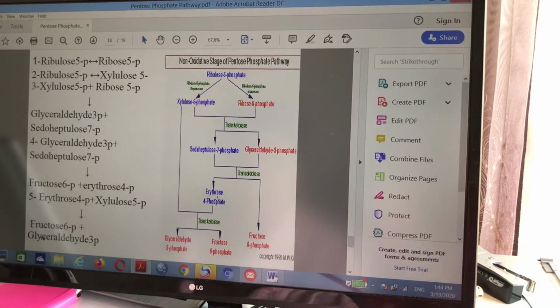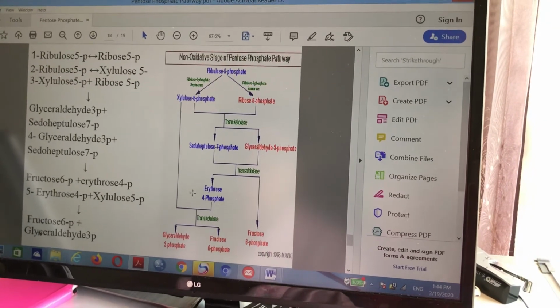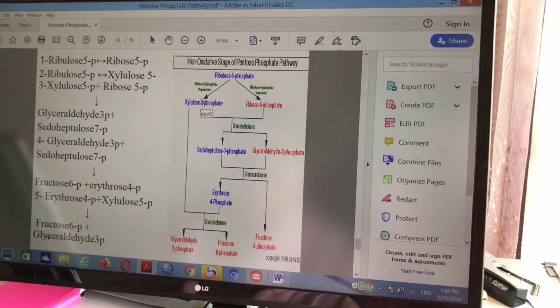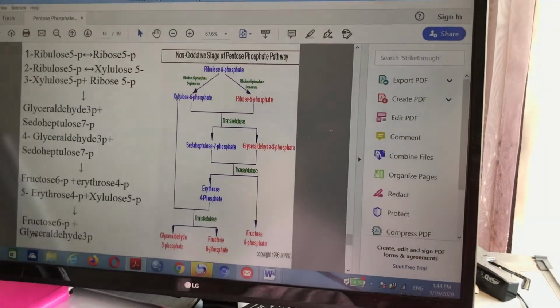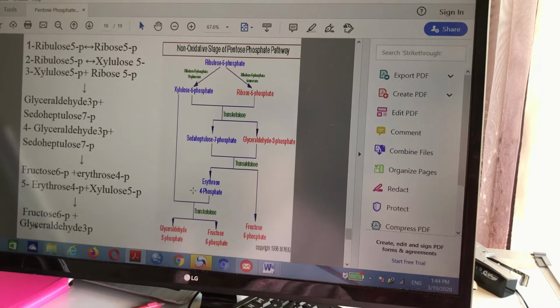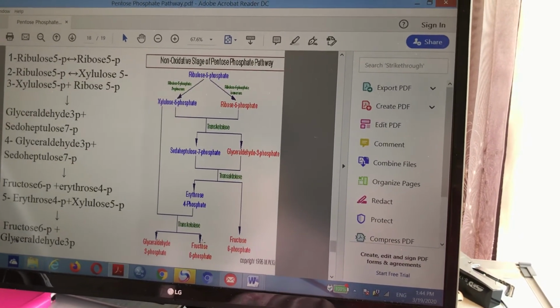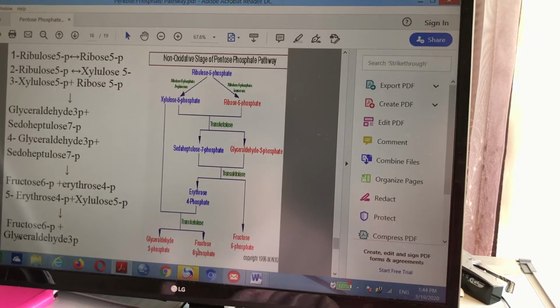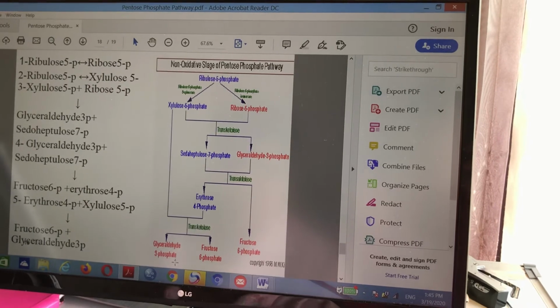After that, condensation of the 4 carbon erythrose 4-phosphate with xylulose 5-phosphate forms a 9 carbon compound, which by condensation and splitting gives 2 compounds, fructose 6-phosphate and glyceraldehyde 3-phosphate.